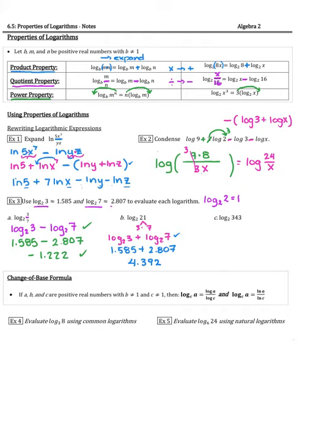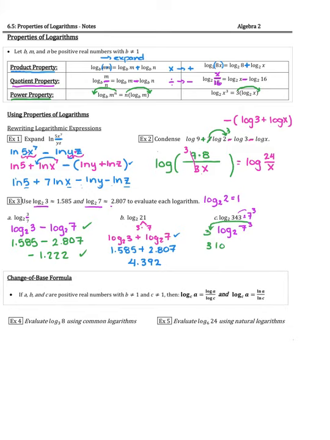Now this last one, 343 might not seem really obvious at the start, though you did have a whole chapter on using exponents. Turns out that 343 is the same thing as 7 cubed. So I can start by writing 7 cubed, but we can't have an exponent here. So we're going to take that 3 and use our power property to move it in front.